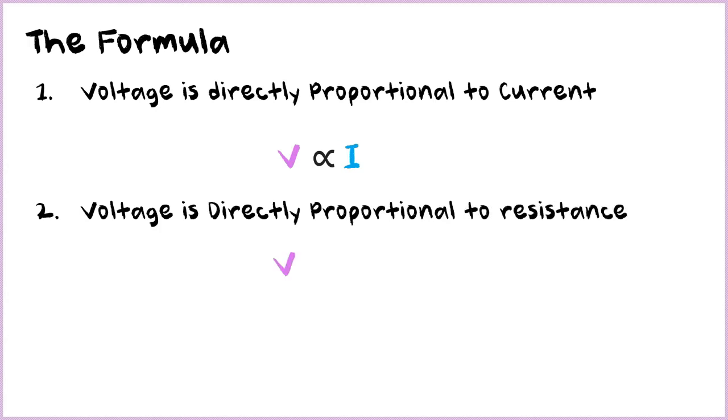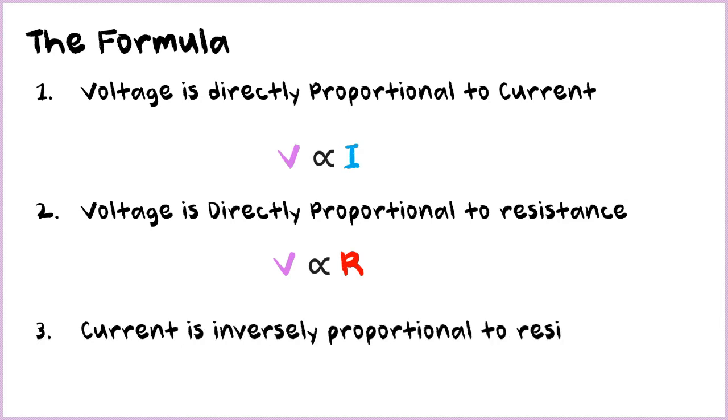We observe that the higher the resistance, the higher the voltage across that resistor. And current is inversely proportional to resistance, or vice versa, resistance is inversely proportional to current.